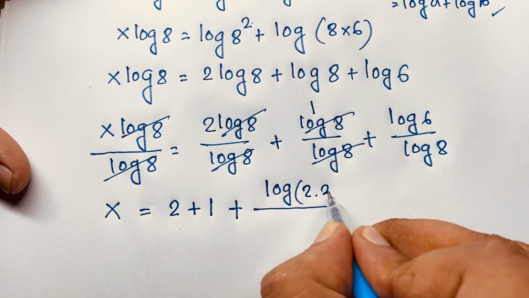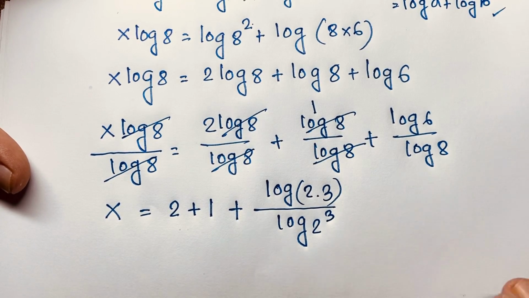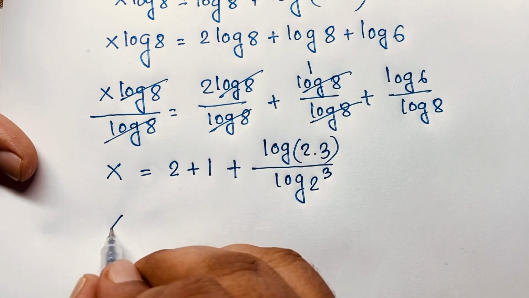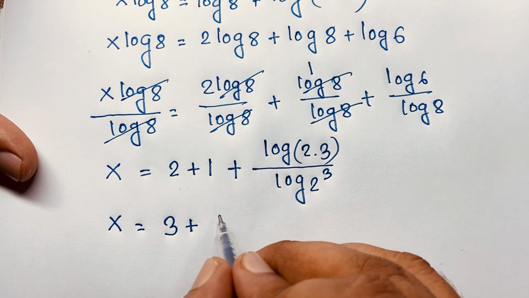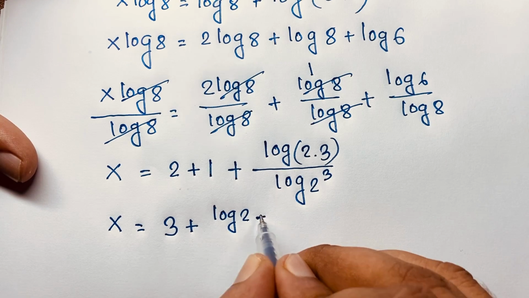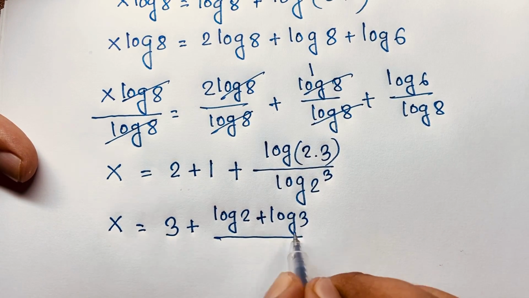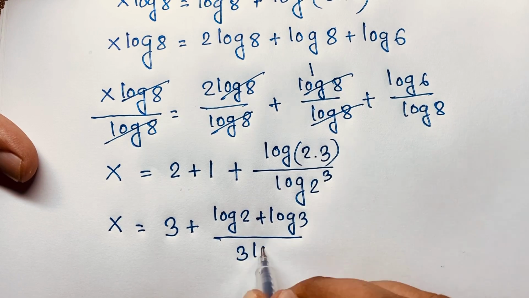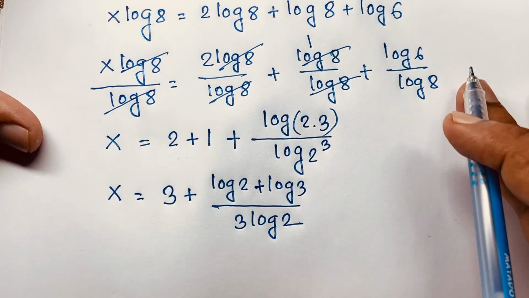I take 2 times 3. Then log 8: 8 is 2 to the power 3. Now x is equal to 1 plus 2, it will be 3, plus log 2 plus log 3, then over 3 log 2. I apply this formula here, this exponent moves in front.